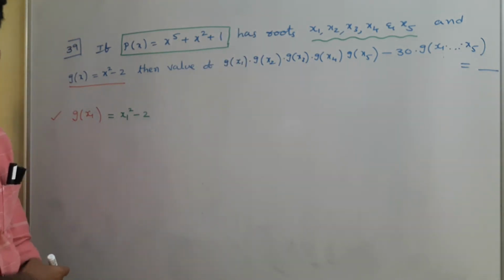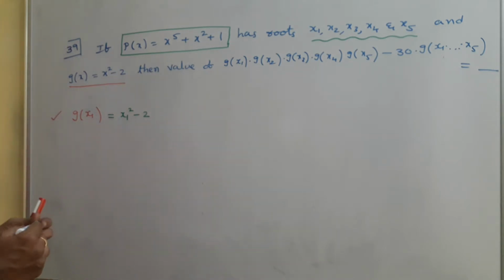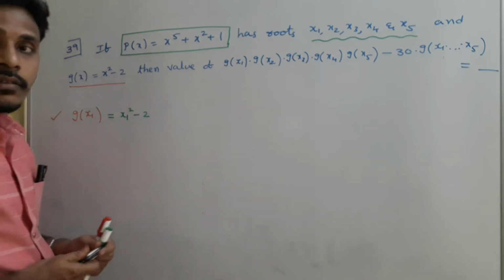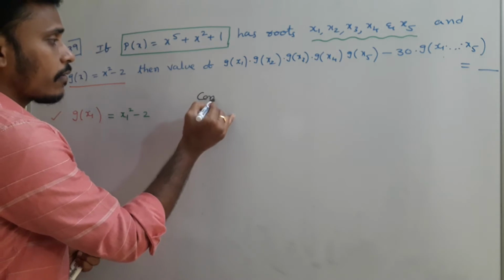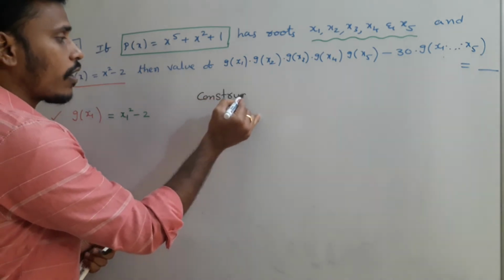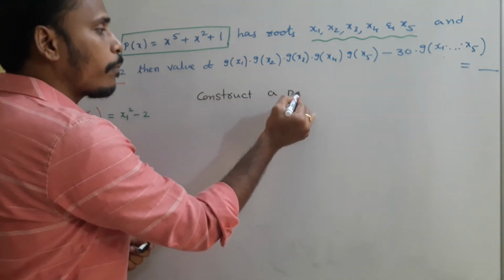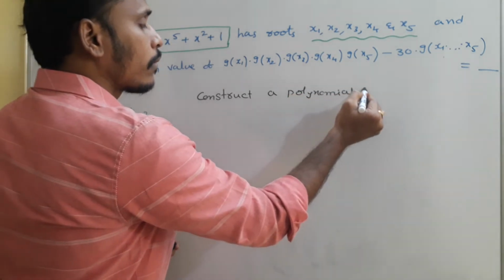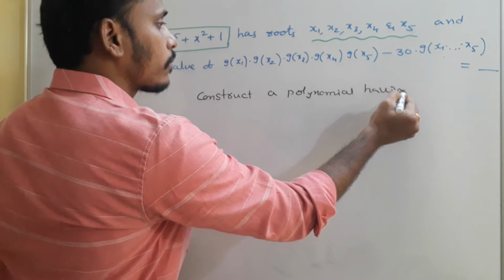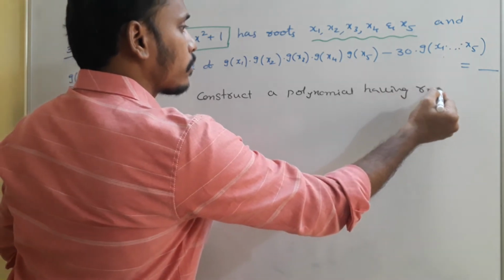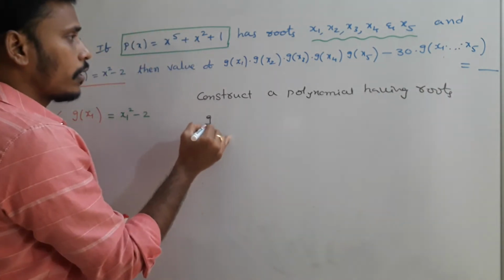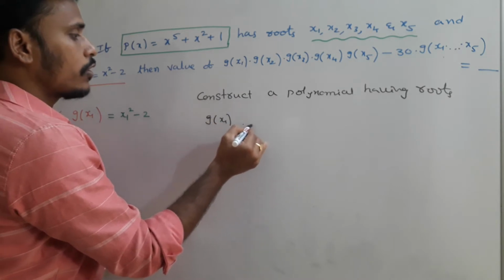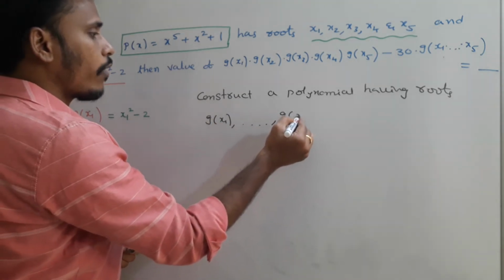For that, what we need to do? My idea is to construct a polynomial having roots g of x1, g of x2 and so on, g of x5.